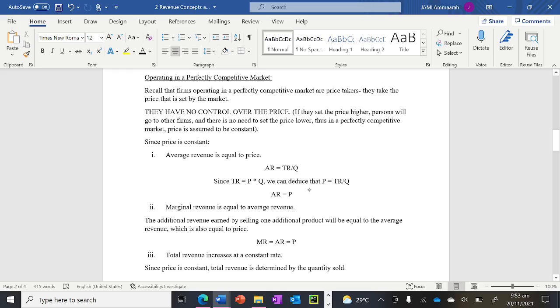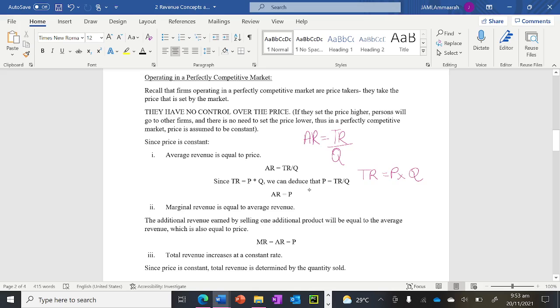Okay, alright. We know that average revenue equals the total revenue on quantity. And we know that total revenue is equal to price times quantity.